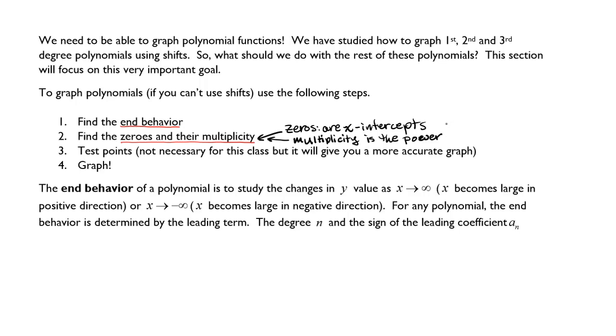You might also be familiar with this as not a power, but an exponent. So you might hear someone say raised to the power, so that's what that means, an exponent.